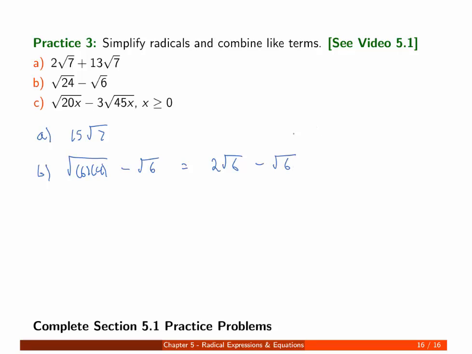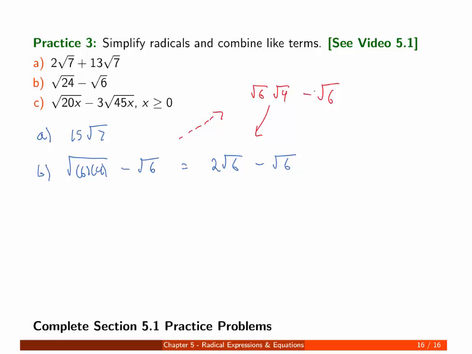Hopefully you see that. I kind of omitted a step. This is actually equal to root 6 times root 4, right? That's the next step, really. And then that follows here, and that goes here.